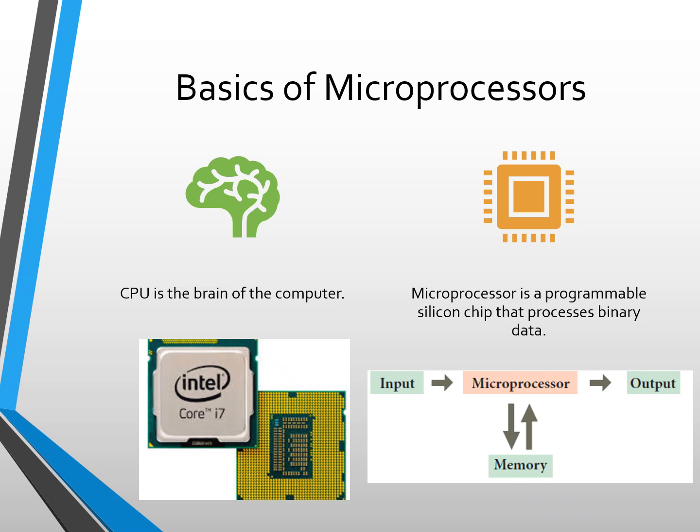So how does the microprocessor work? It receives the input from the user, processes it, and then produces it as the output. Here the microprocessor and CPU is a similar term. Microprocessor is the chip where the CPU resides.